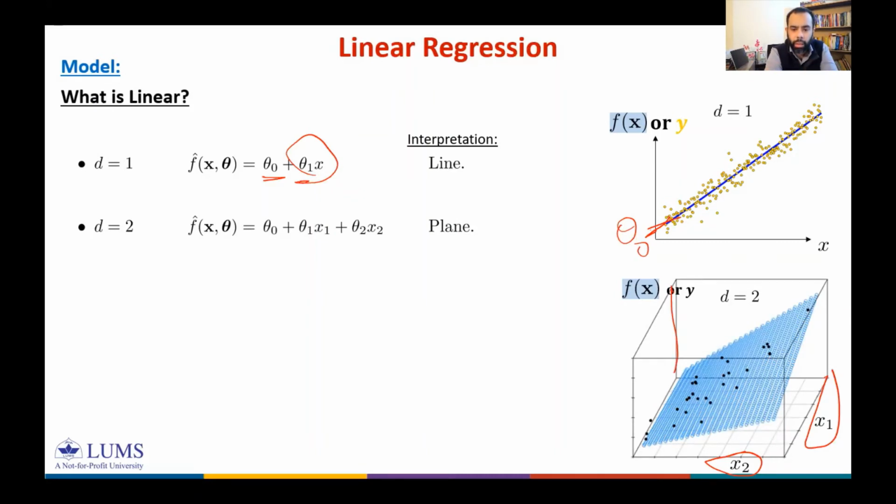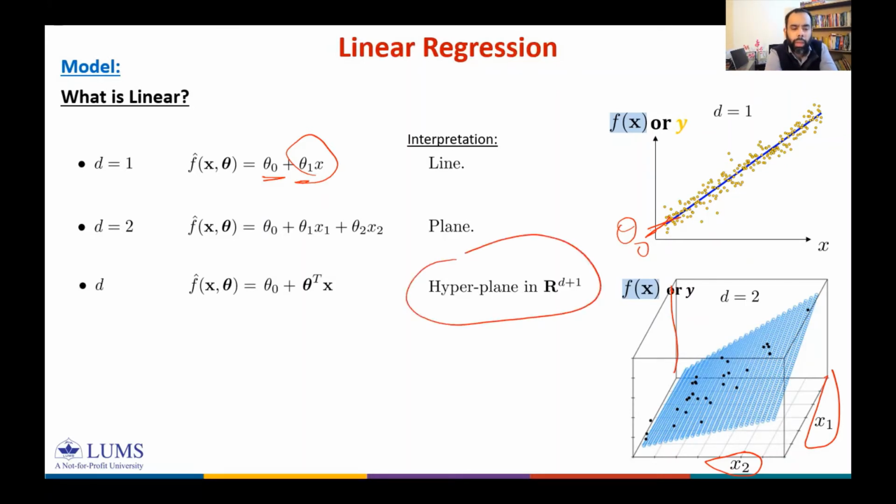So we have these black dots as observations, and you're modeling the relationship between your output and your inputs with a plane. In fact, for any d, this is theta naught plus theta transpose x, so this is a hyperplane in R^(d+1). For d equal to 1, you have a line in 2-dimensional space, and when d is equal to 2, you have a plane in 3-dimensional space. Similarly, for general d, you have a hyperplane in R^(d+1).